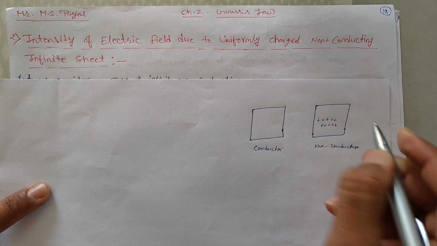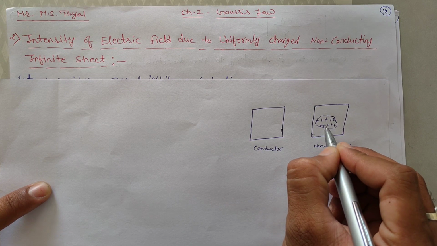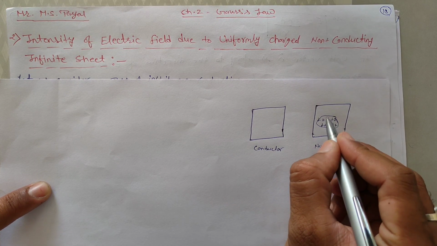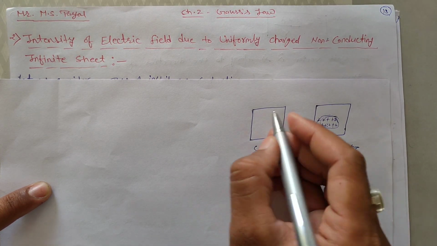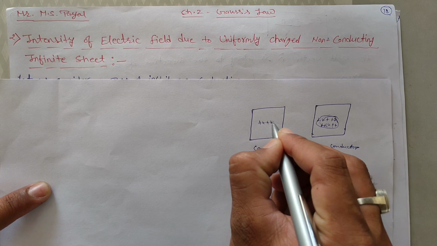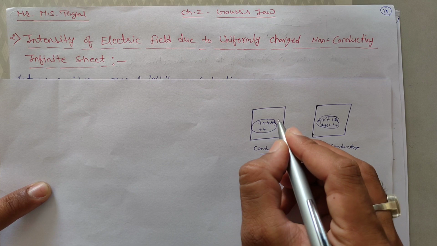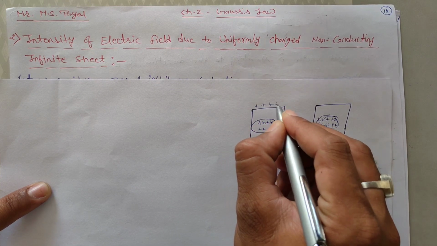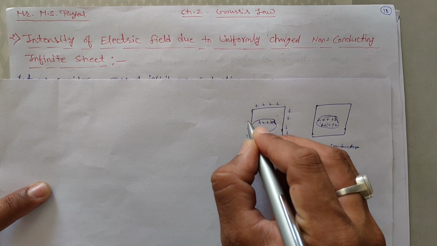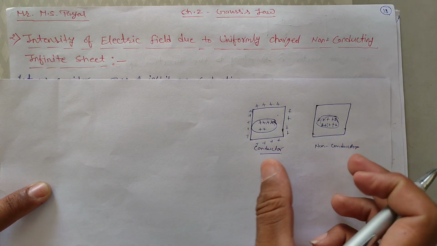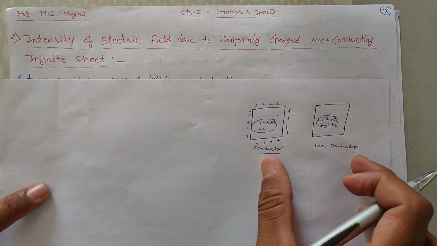It means if we provide charge on this area, then the charge is only there. But for a conductor, if we provide charge here, the charge is distributed uniformly over the surface of the sheet. This is the main difference between a conducting and a non-conducting sheet.